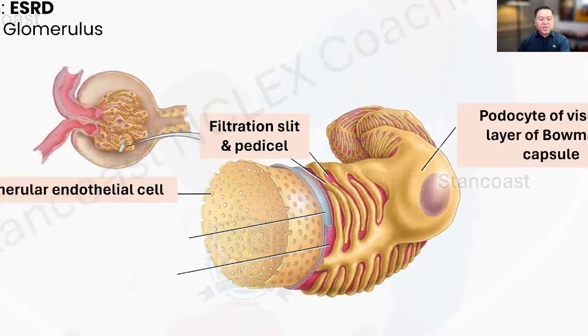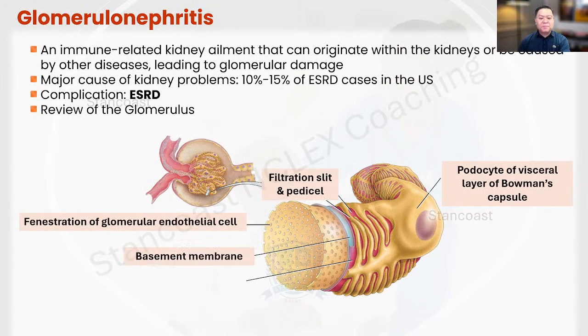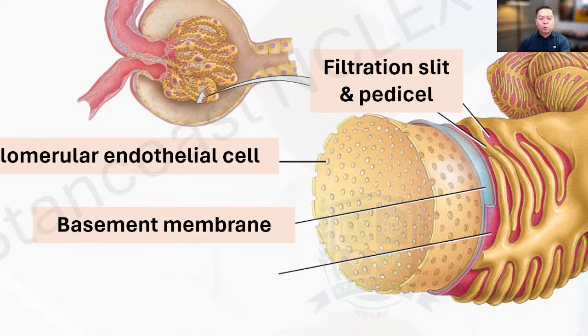Now we're going to move to the next structure, which is the basement membrane, one of the main structures that will be affected in the case of glomerulonephritis. The basement membrane right here, the area with the blue color, is the next layer next to the glomerular endothelial cell.